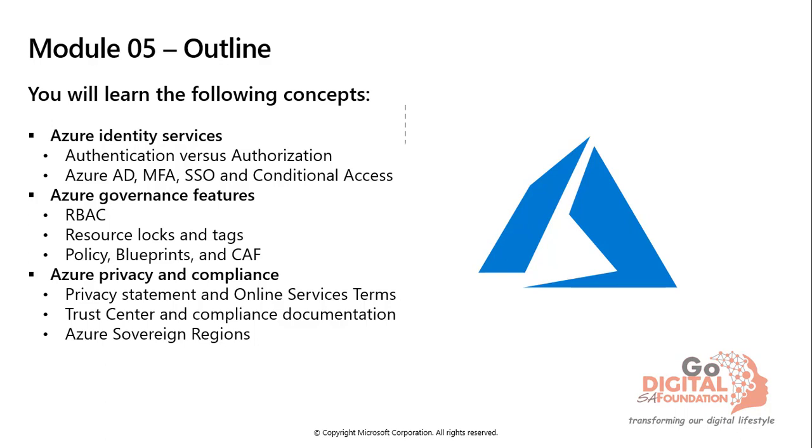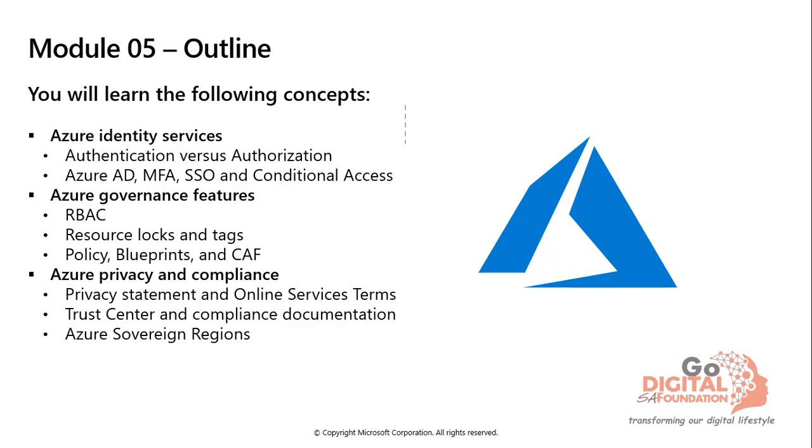You set the conditions for users to access their accounts, let's say if they are outside a certain area, they cannot access their accounts. And then we're going to look at Azure governance features, which will involve RBAC, resource logs and tags, and then policies, blueprints, and CAF.